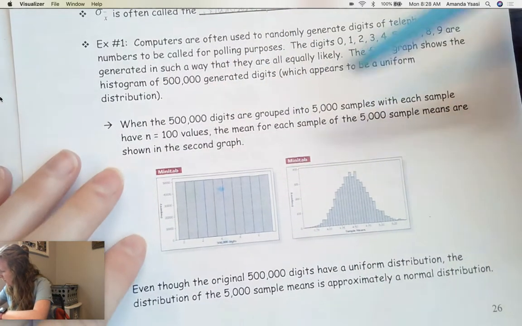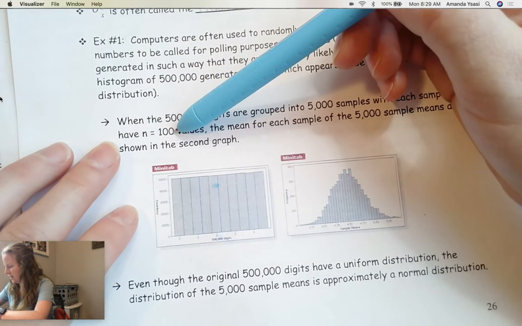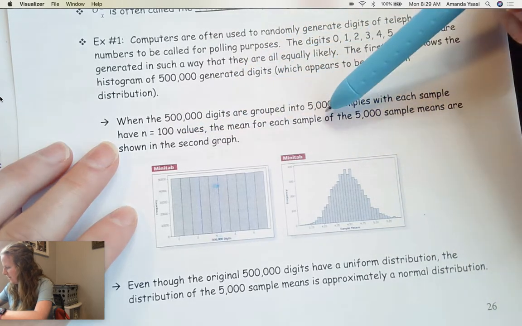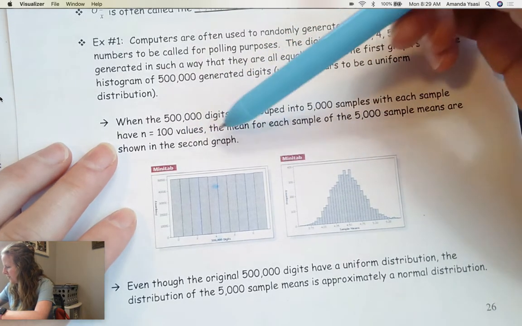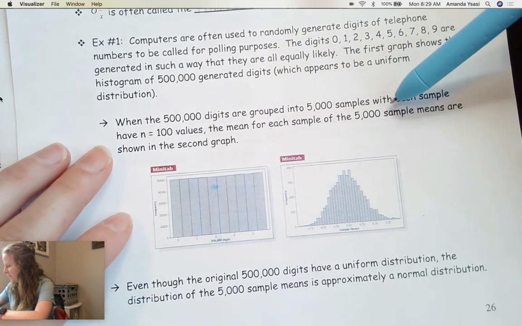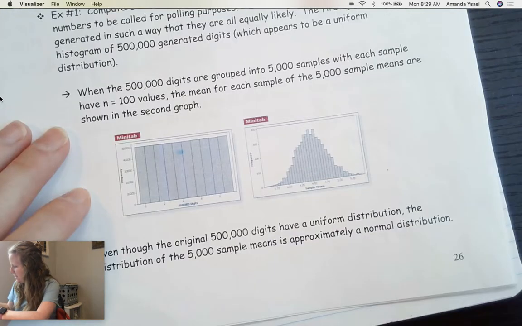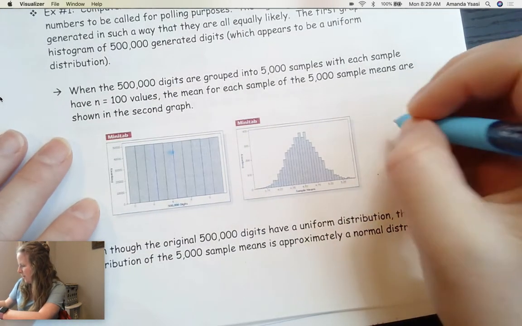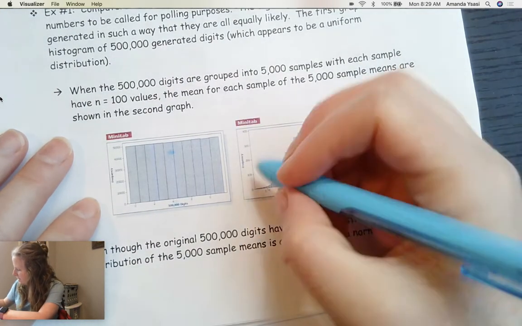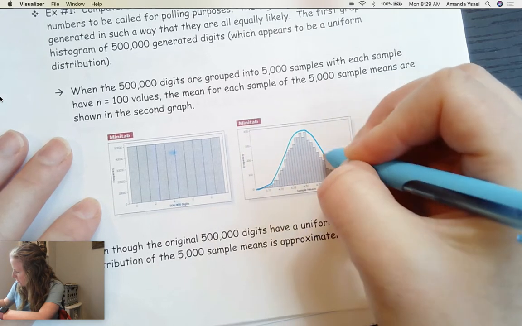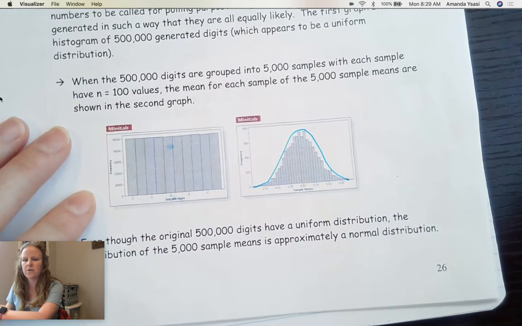Then we have n is 100 values. The mean for each sample, the 5,000 sample means, are shown in the second graph. So this is the sample means, and see how the sample means are normally distributed.